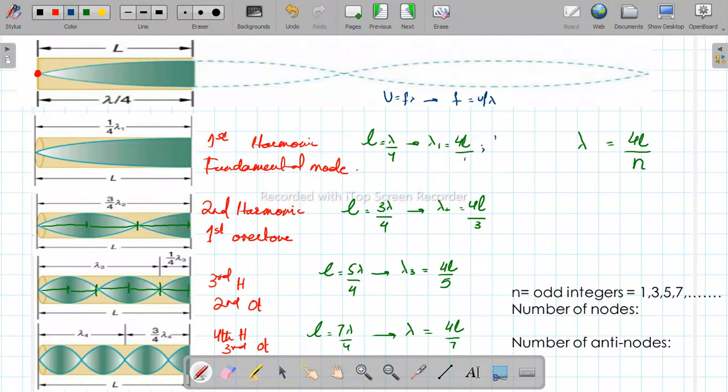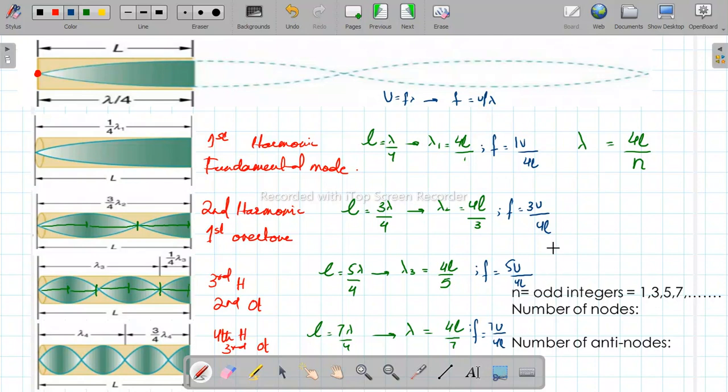Just place the respective wavelength in this equation and you will get the respective frequency. In other words, f for the first harmonic would be v over this lambda, which is 4L over 1. In this case, it would be v over this lambda, which is 4L over 3. In this case, it has to be v over this wavelength, which is 4L over 5. And in this case, we can write v over 4L over 7, with the 7 going here, right?